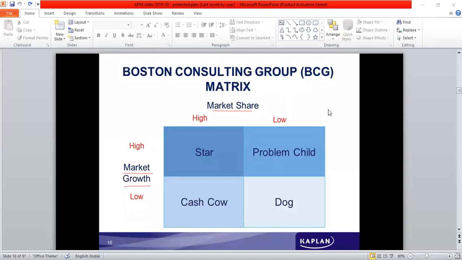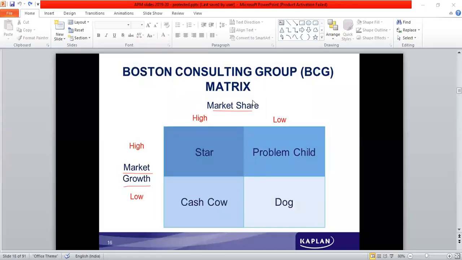4 different categories. The variable on the horizontal axis is market share. What does market share mean? Market share indicates at present how many customers they were able to attract, and how many of them are their customers, basically the business units' or the firm's customers.